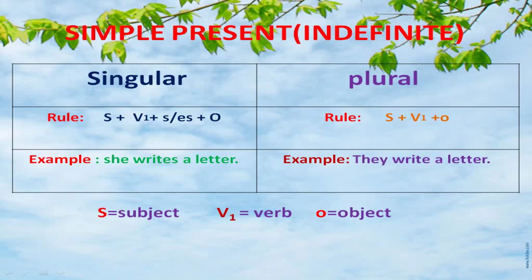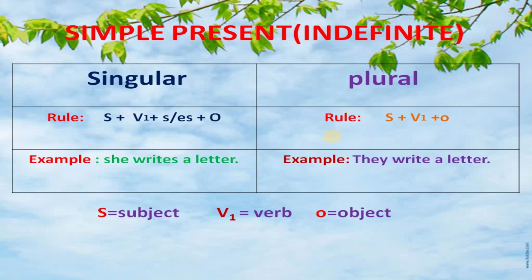So here, subject plus V1, plus S or ES sometimes for third person, plus object. Example: she writes a letter. Why is the S form added here? It is third person singular, that's why the verb takes the S form. And then plural form: subject plus V1 plus object.